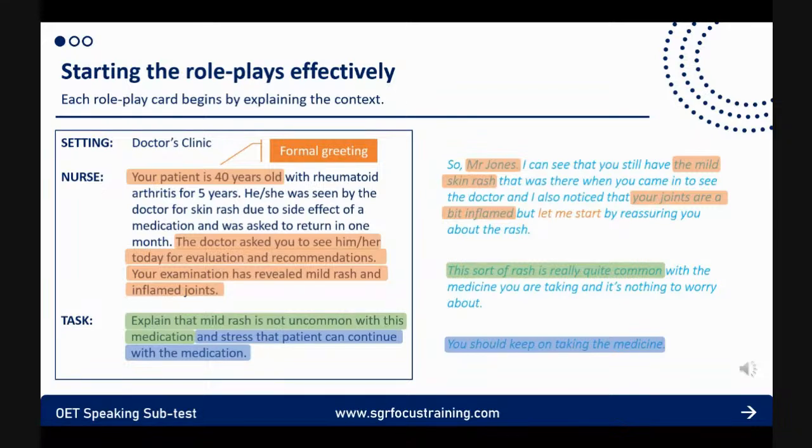Okay, sometimes you'll get a role play, a background information like this, but it will tell you you've spoken to the patient already, you've greeted them already, you are now in the middle of the consultation, such as it might say that you are speaking to the mother of a 2-year-old.